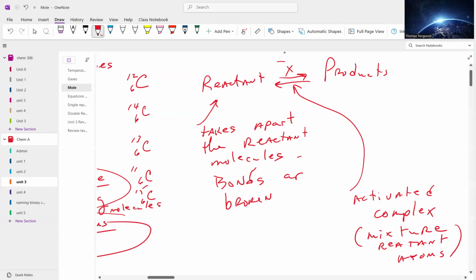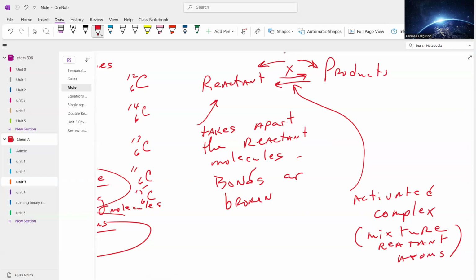So you get some that go back this way, and then some that go to the product. You have this mix. And there's a whole unit in Chem 1A. What happens is it ends up with a mixture of products and reactants. And that mixture is determined by something called the equilibrium constant.